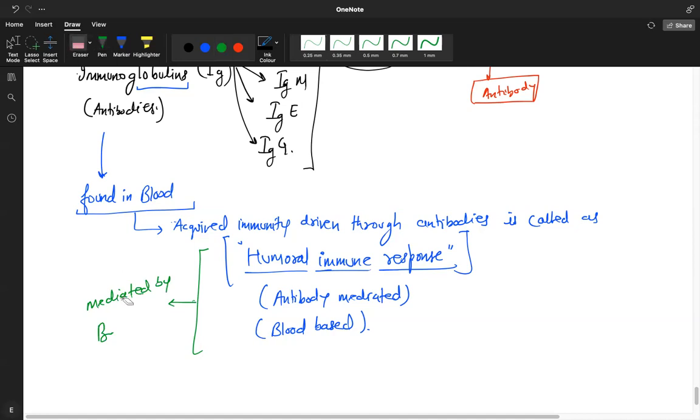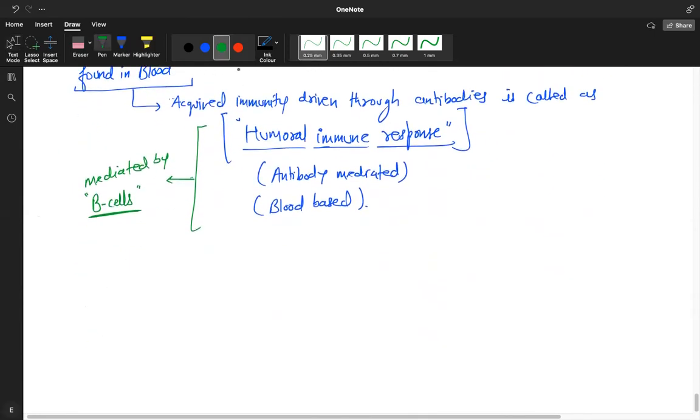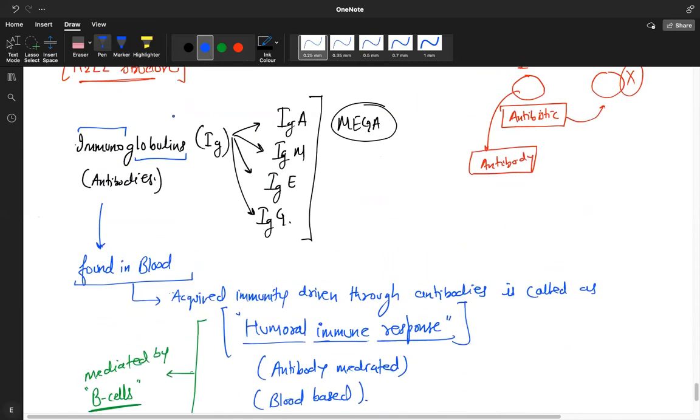Or I'm writing B cells from now onwards. Is it clear? Humoral immunity is majorly mediated by B cells because only B cells produce antibodies. Is this part clear? Yes, sir. Everyone? Yes, sir.